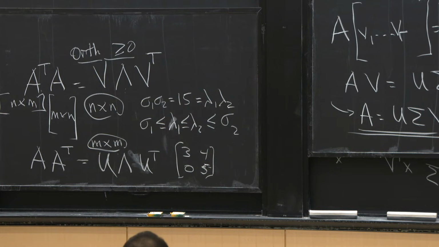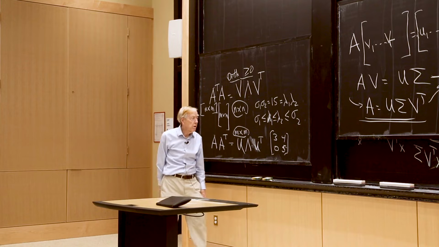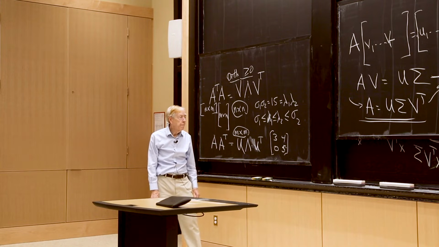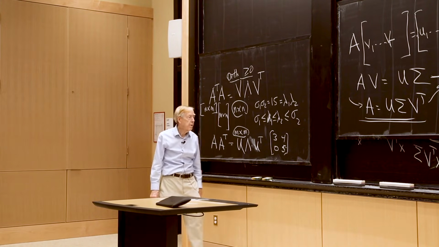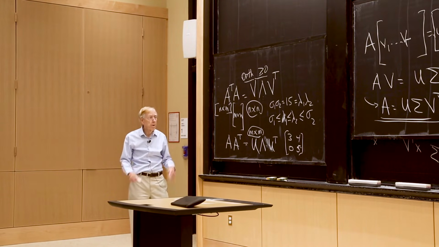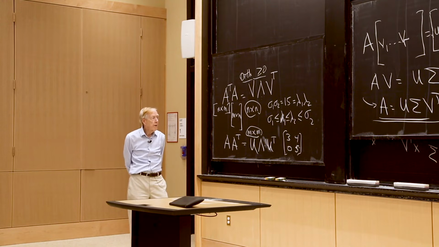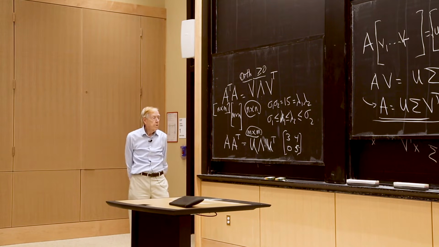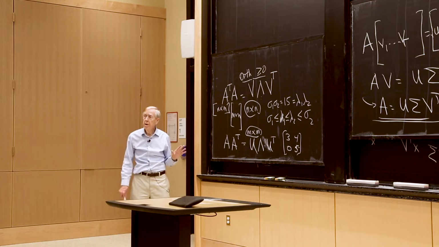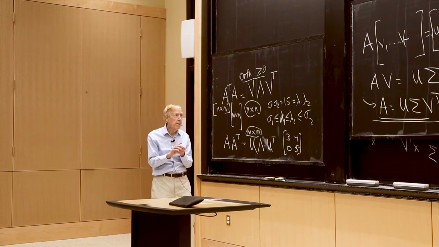But overall, computing examples of the SVD takes more time, because you just compute A transpose A, and you've got the V's, and you're on your way. And you have to take the square roots of the eigenvalues. So that's the SVD as a piece of pure math.